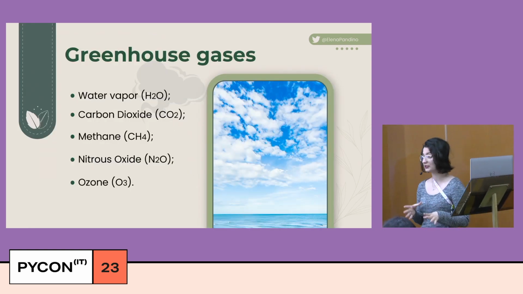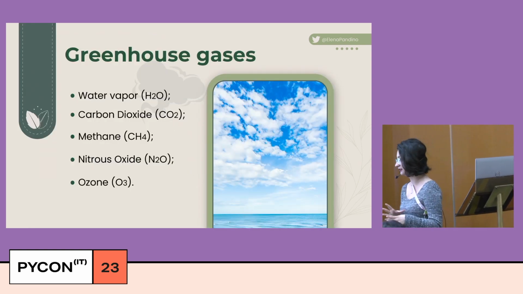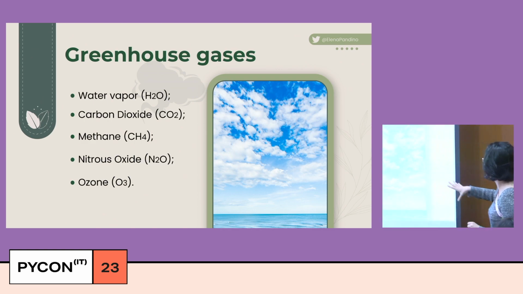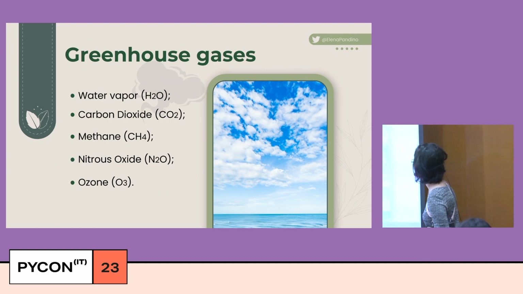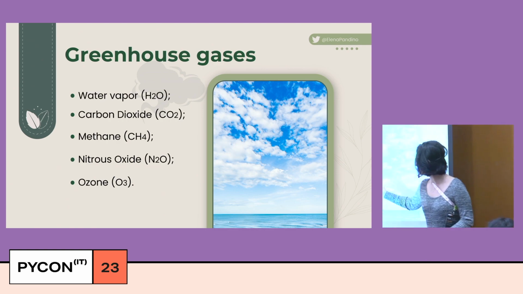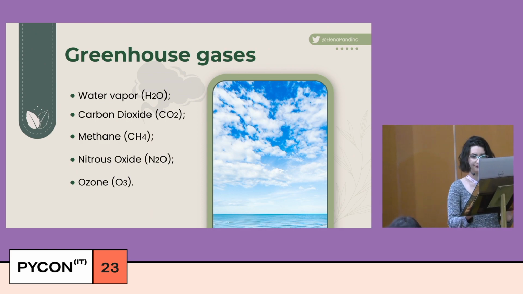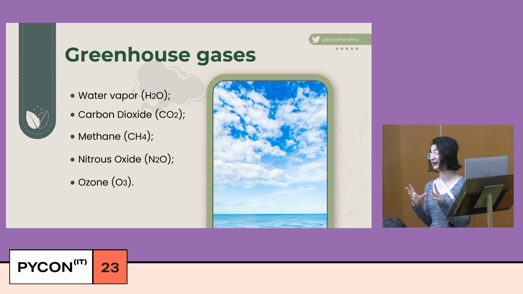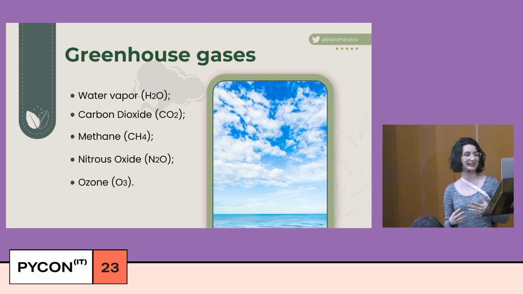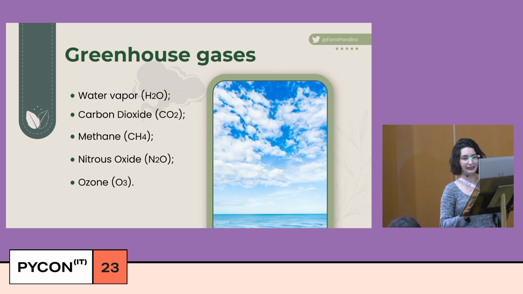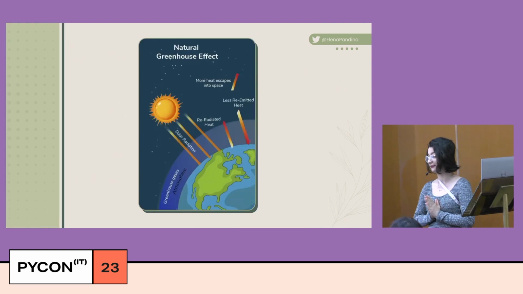What are greenhouse gases? I think we all know, but here are the more important ones: water vapor, carbon dioxide, methane, also ozone, etc. And what we can relate with greenhouse gases is the greenhouse effect.